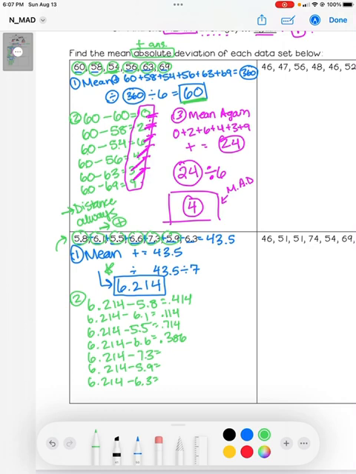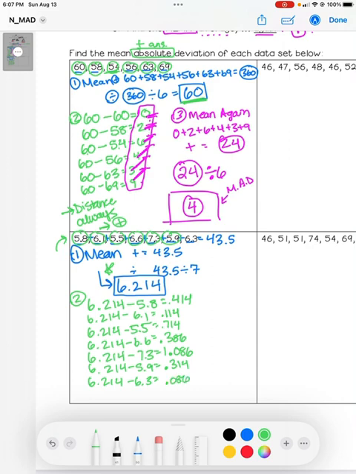So I'm using the positive version of my answer, which is 1.086. Now I've got 6.214 minus 5.9, which is 314 thousandths. And then I have 6.214 minus 6.3 or 6 3/10. That is 86 thousandths.